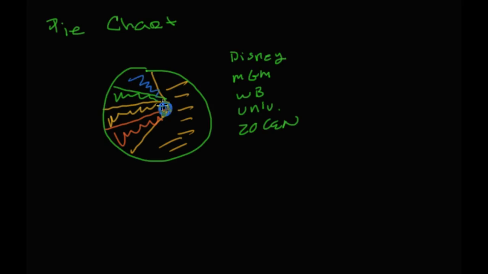Now, ideally, this is the center of the circle, and these are all wedges of that circle, and these are proportional to the size that each of these companies has.